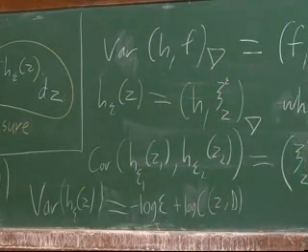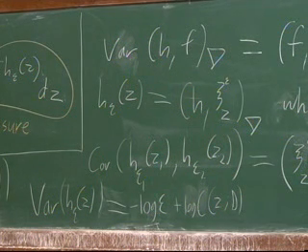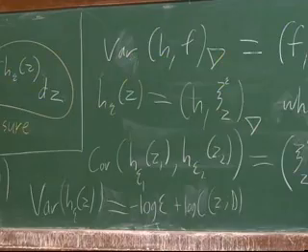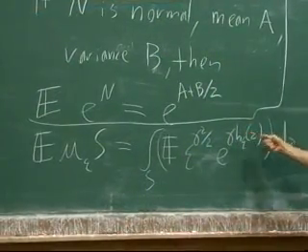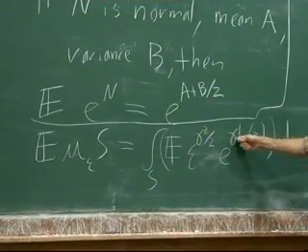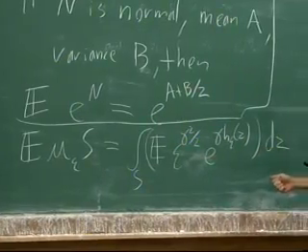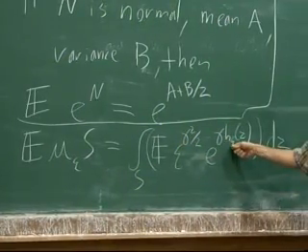Okay, so knowing this, we can now compute. It's the expectation of this. We already know it's epsilon to the gamma squared over 2 times e to the gamma h sub epsilon of z dz. But now we have some hope of computing what's inside here. Because this is a Gaussian random variable of mean 0, the expectation of e to it is just e to the variance over 2.